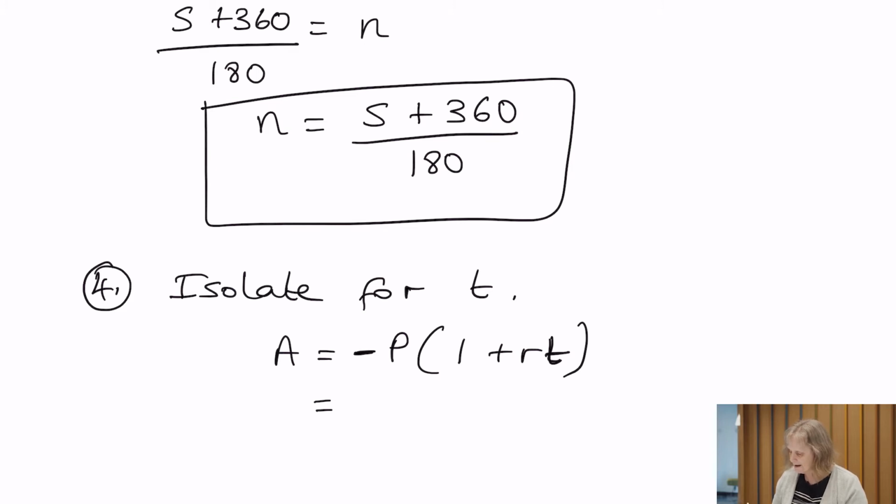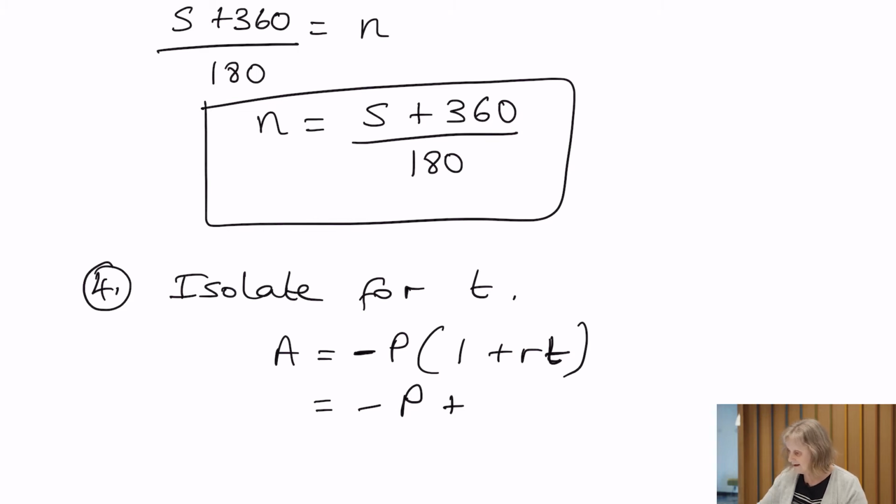So negative p multiplied by 1 is going to give us negative p. Then we're adding here. Negative p multiplied, so we can leave it as an addition here, but we have negative p multiplied by positive rt.